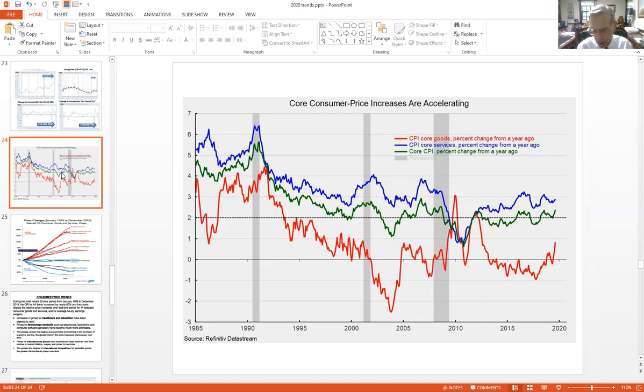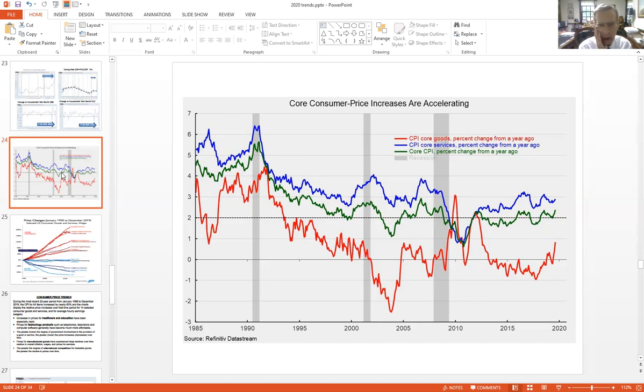The red line is the price of groceries. The blue line is services. So pardon me, I've got it all wrong. The red line is the price of goods, physical products. The blue line is the average price of services, which has stayed give or take pretty much in the same channel.